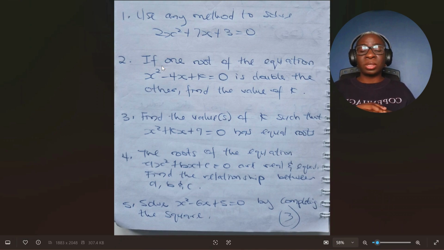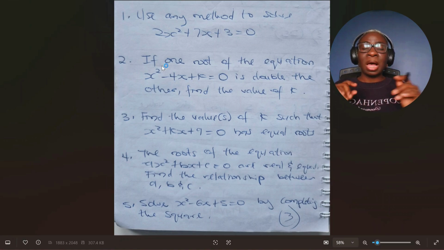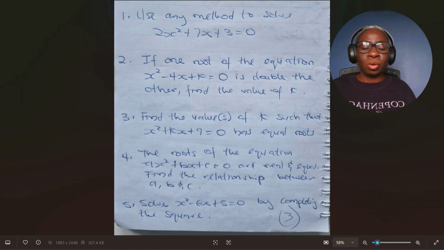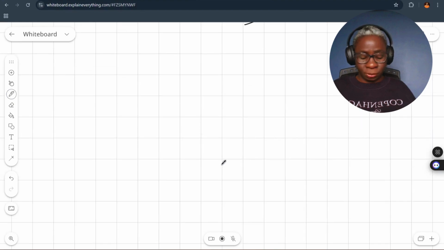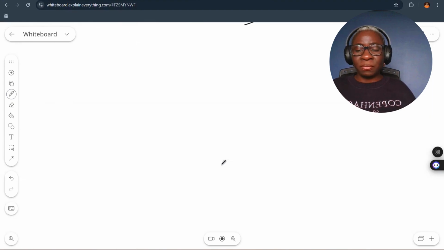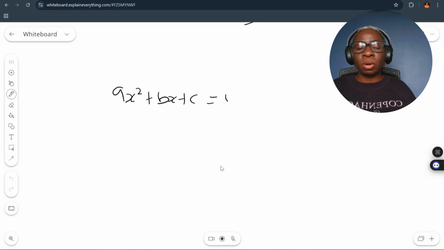Now the fourth question says the roots of the equation ax squared plus bx plus c equals 0 are real and equal. Find the relationship between a, b and c. So this is a quadratic equation: ax squared plus bx plus c equals 0.